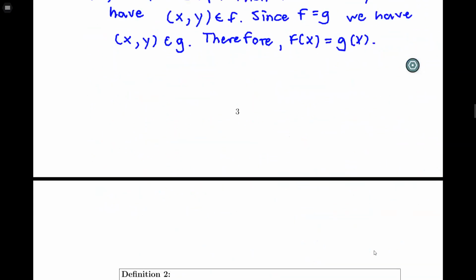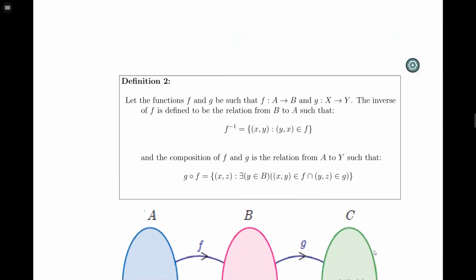So let's continue. Now definition 2 is a little more hefty. Here we're defining the inverse functions of f and the composition functions. Definition 2 states let the functions f and g be such that f maps A to B and g maps X to Y. The inverse of f is defined to be the relation from B to A such that the inverse of the function f is equal to the ordered pairs (x, y) such that the ordered pair (y, x) is in f.